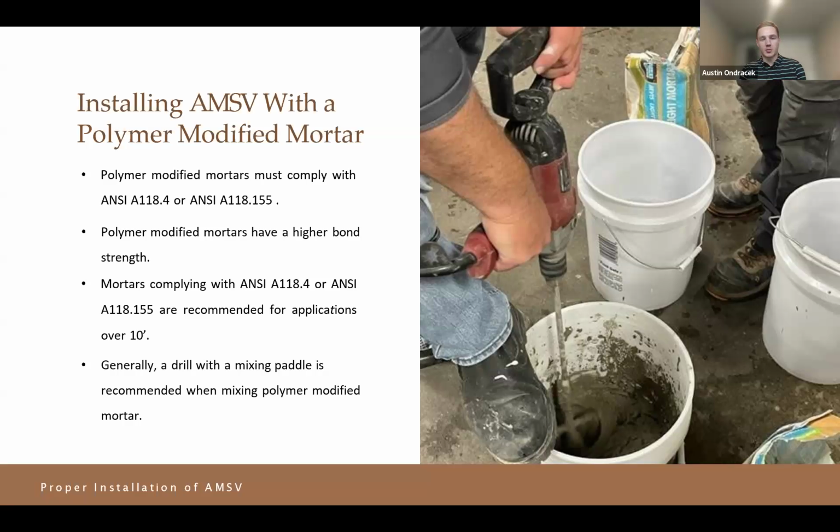Mortars complying with this are recommended for applications over 10 feet. So really anything probably exterior over 10 feet, you would definitely use this type of mortar, especially being outside in the elements. Generally a drill mixing paddle is recommended to mix that mortar up, very similar to how they mix regular mortars, either type N or type S.